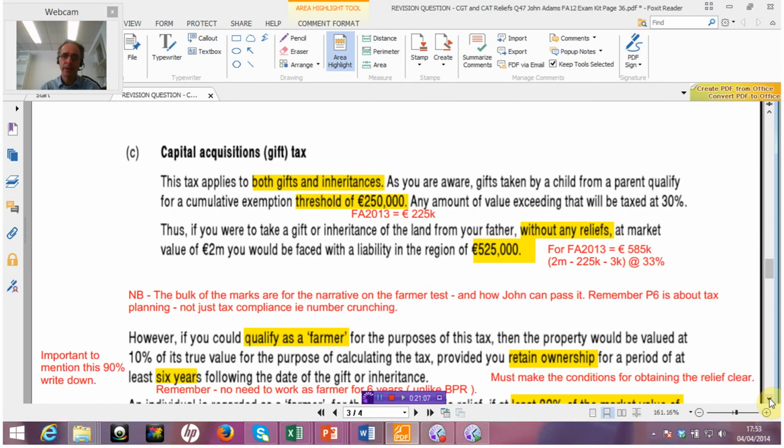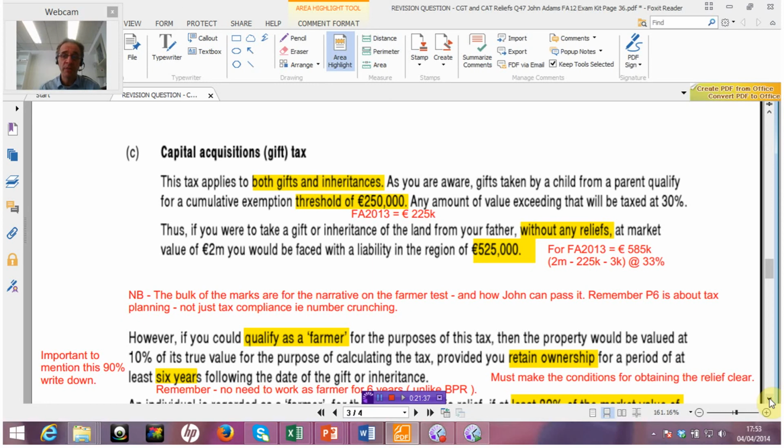Okay, now similar sort of thing here. Do bear in mind that this cut and paste is directly from the e-text for FA12, so the numbers are slightly out, but I've adjusted them where relevant. Similar sort of thing as I said to you in relation to capital gains tax. Really, what we're going to make sure that we do in questions of this type is give the basic information first, and that's very much what they do here. They've said that CAT applies to gifts and inheritances.